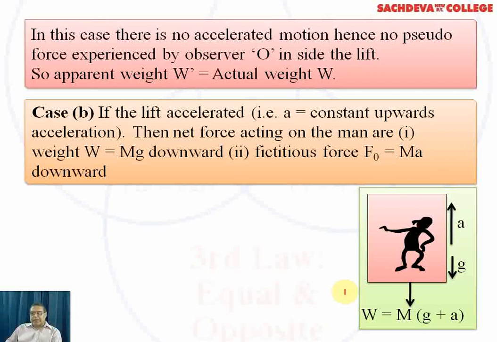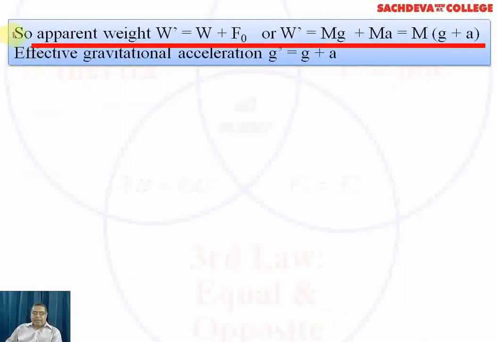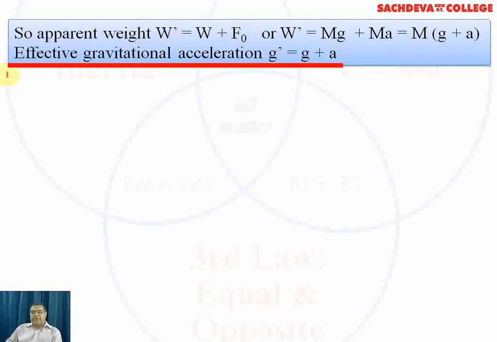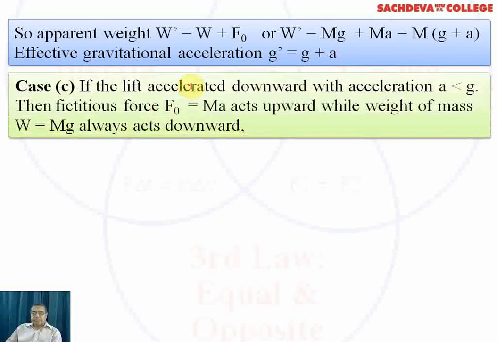And if we calculate it, it will become m into (g plus a). Acceleration is upward and acceleration due to gravity is downward. So the apparent weight W' equals W plus F0, or mg plus ma, or m into (g plus a). Effective gravitational acceleration is g plus a. So whenever the lift is moving up, we will take acceleration added to g.